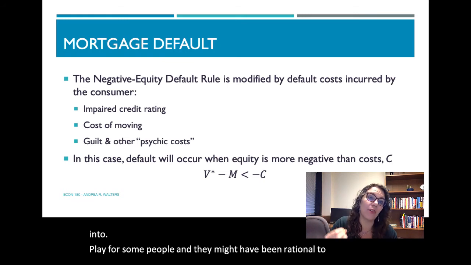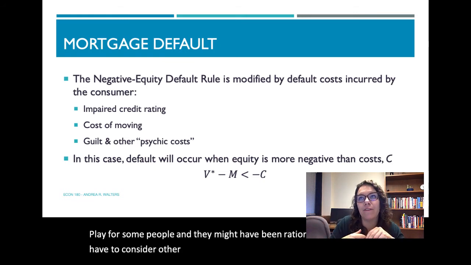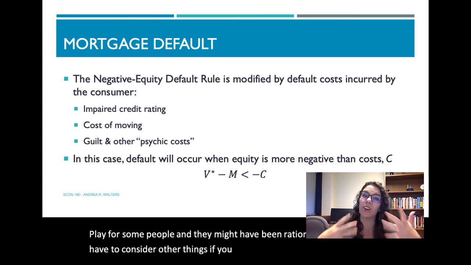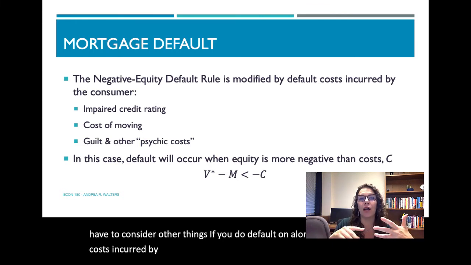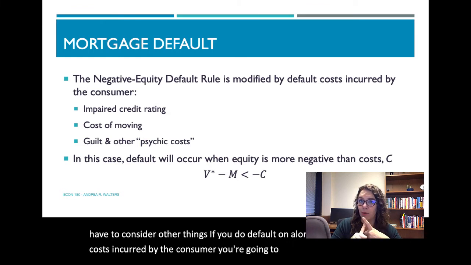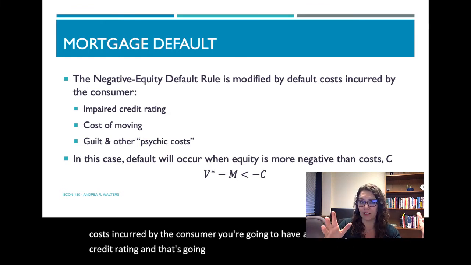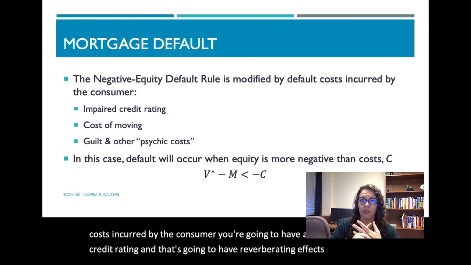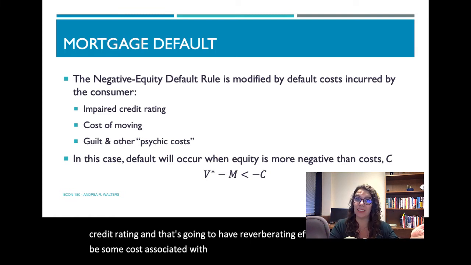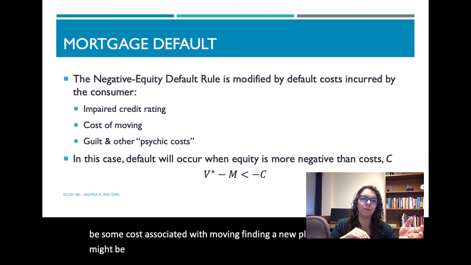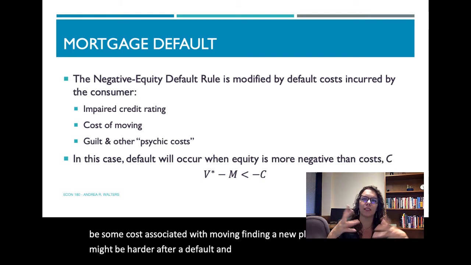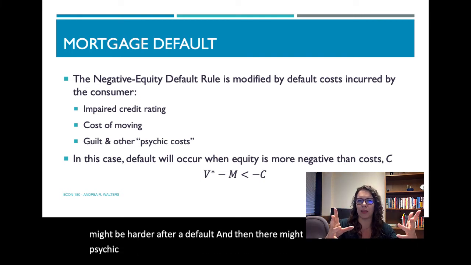We have to consider other things. If you do default on a loan, there are other costs incurred by the consumer. You're going to have harm to your credit rating, and that's going to have reverberating effects. There might be costs associated with moving and finding a new place to live, which might be harder after a default. And then there might be guilt or other psychic costs, reputation costs, embarrassment.